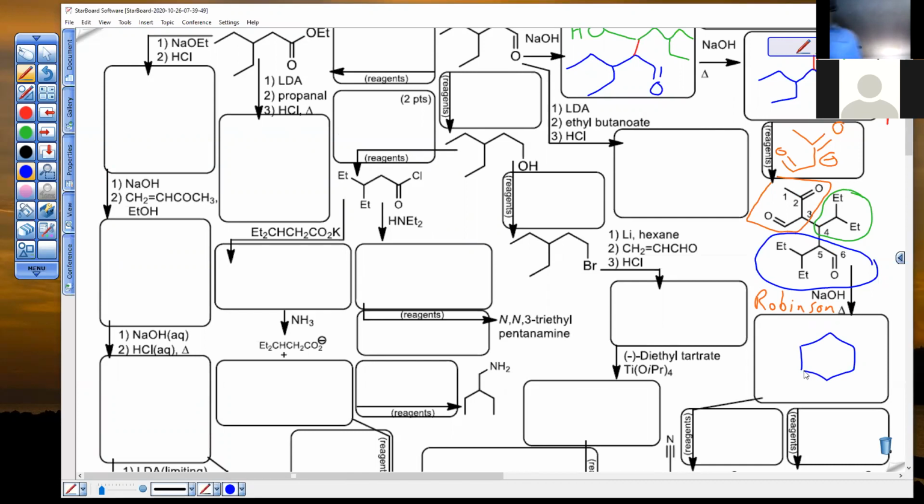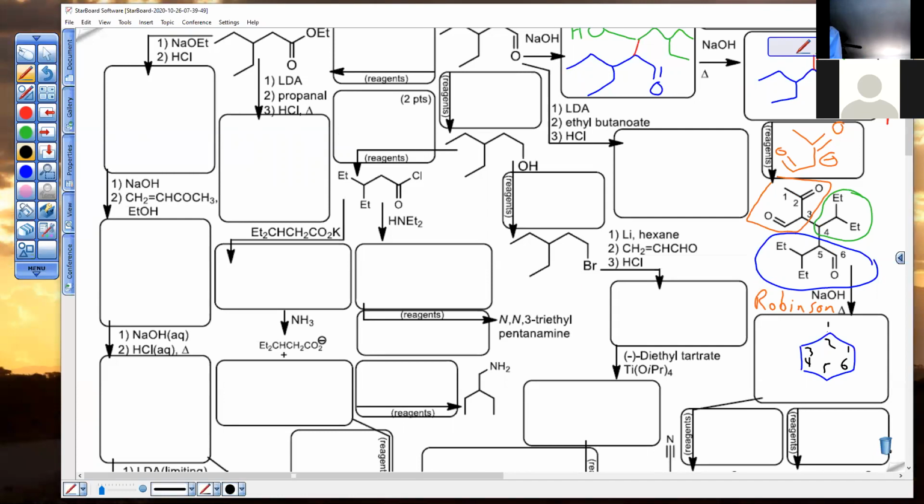And we'll have a 6 and a 5 and a 4 and a 3 and a 2 and a 1. And off of 1, there's nothing, but 2's a carbonyl.